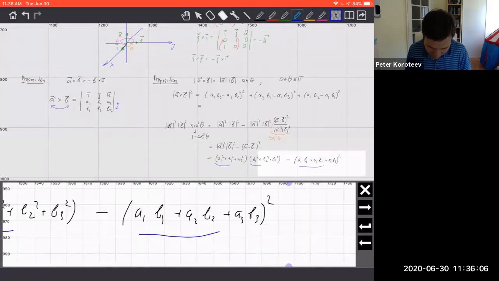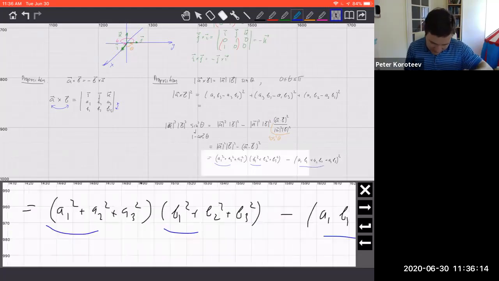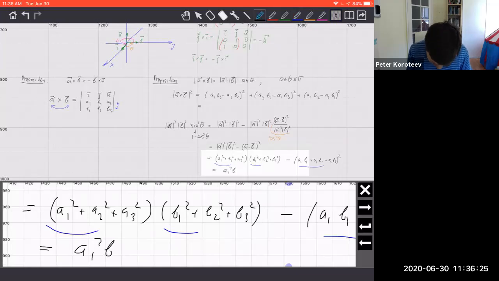The second thing will give you 3 squares plus 3 cross terms, so all squares will cancel. What will not cancel will look like this. The a1 b1 term will cancel, and the rest will not. So it's a1 squared b2 squared plus a1 squared b3 squared.